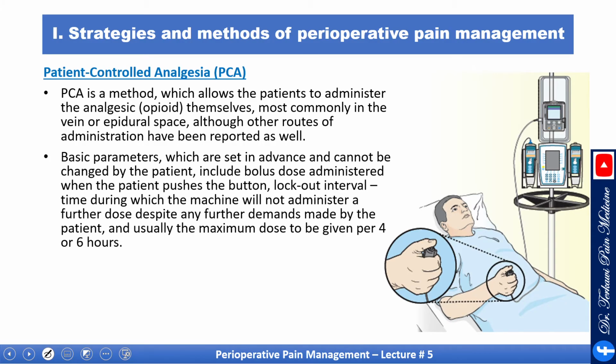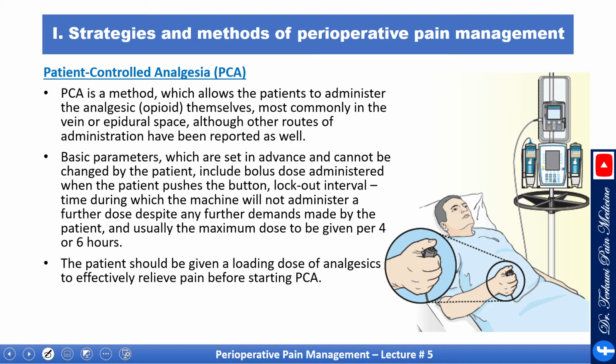The basic parameters usually set up in the PCA include bolus dose, lockout interval, and you can give baseline infusion or not. The patient should be given a loading dose of analgesics to effectively relieve pain before starting PCA. This typically happens in PACU.